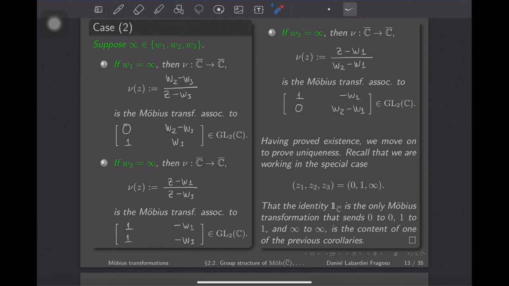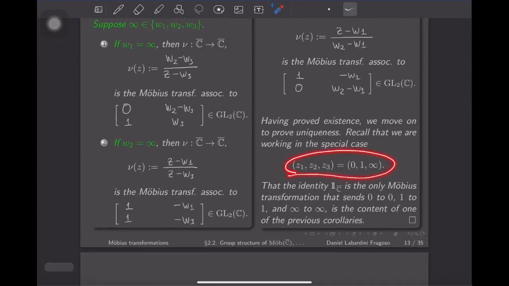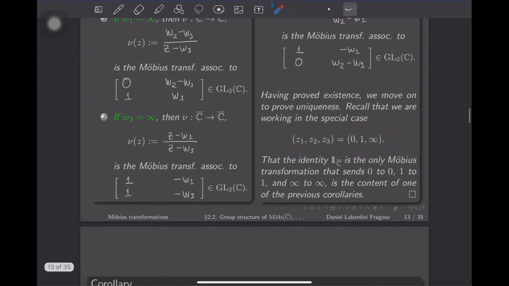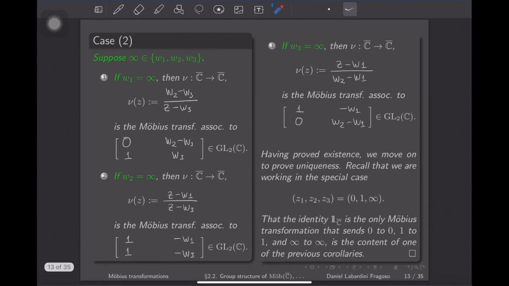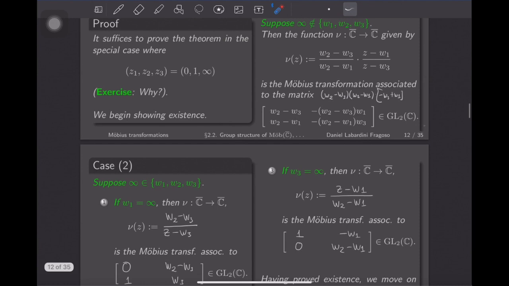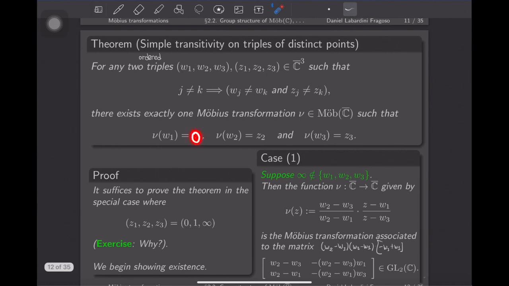So let's prove uniqueness. Recall, we are still working in this special case. Suppose there were two Möbius transformations that send W1 to 0, W2 to 1, and W3 to infinity.